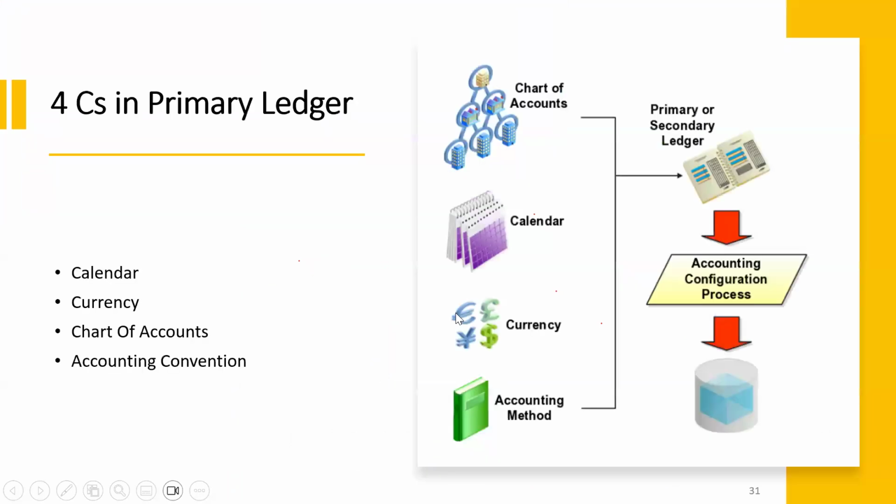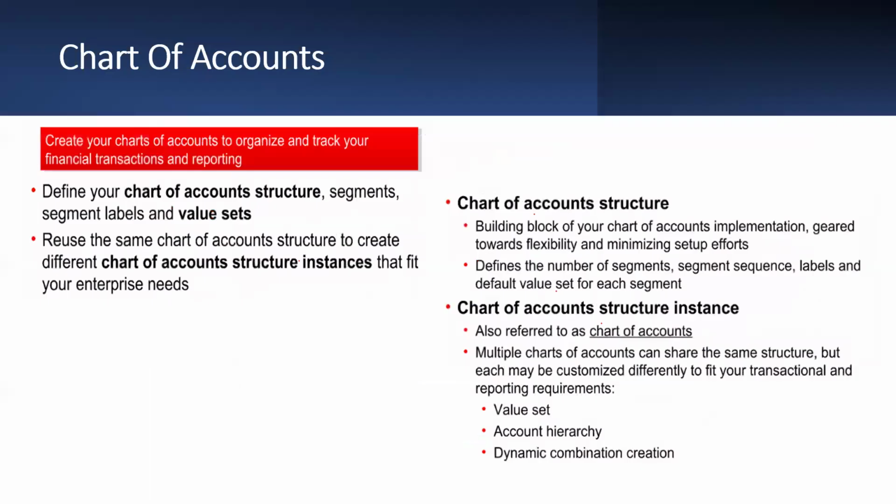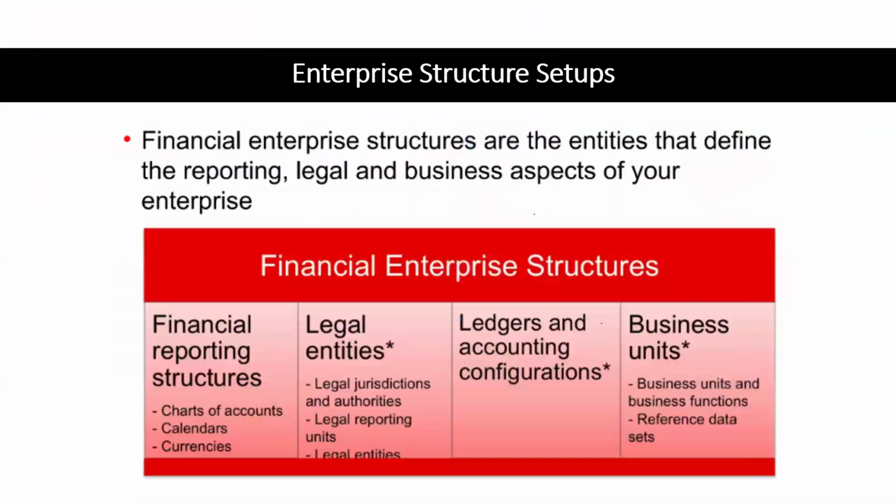So there are different types of accounting methods. We completed that. Here you can see the components that we discussed. One is the financial reporting structure, which has chart of accounts, calendar, accounting method, and currencies.